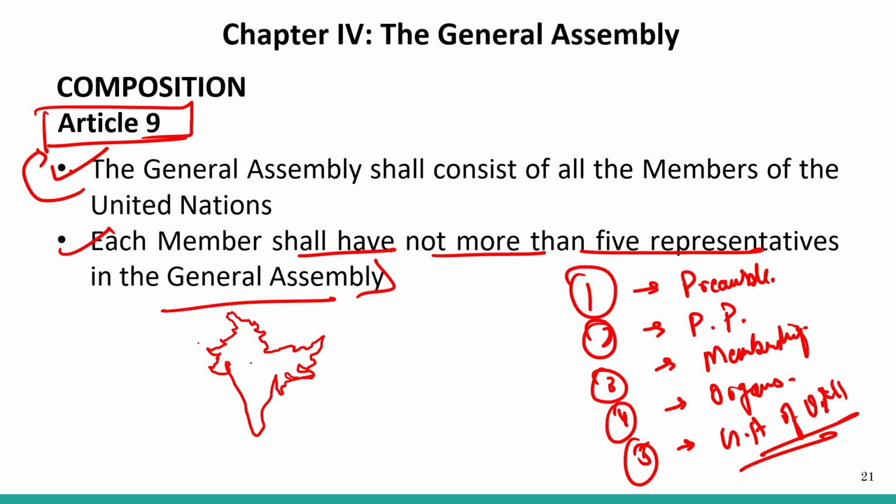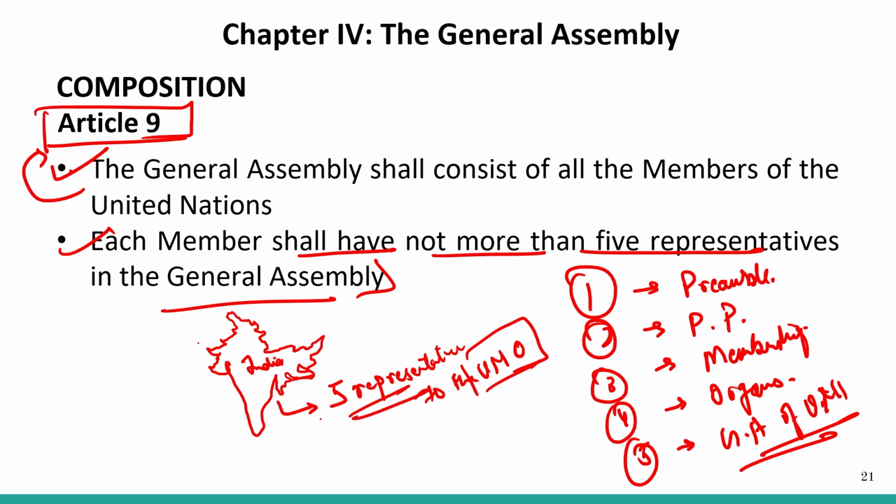If it is India, then India is going to send 5 representatives to the United Nations, and these representatives shall represent India in the day-to-day discussions and important points that will be raised in the United Nations, and who will represent India in the General Assembly.